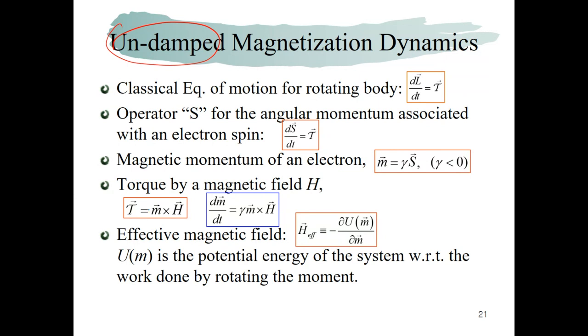Okay, so the torque of the magnetic field is given by M cross H. And we already know this equation. Here, the H field comes from the effective magnetic field definition, or in this form. Actually, this is the same form.